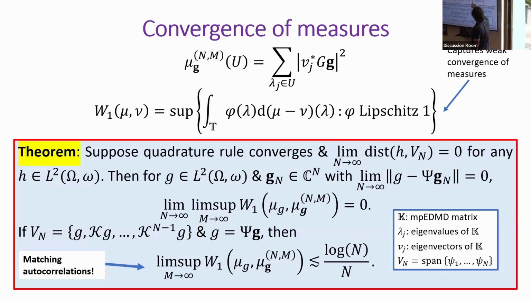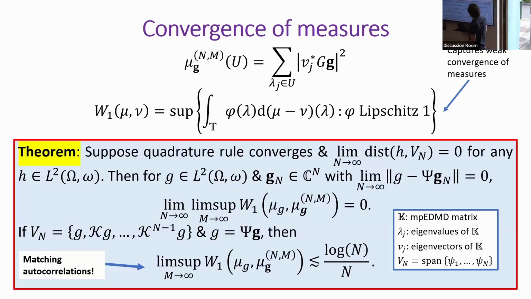It means that if you take any Lipschitz function over the circle and integrate it against the difference between these two measures, this is small. So if mu_g,n converges to mu_g in this metric, the integral against any function like this will converge. And in fact, there's a uniform upper bound of the error.